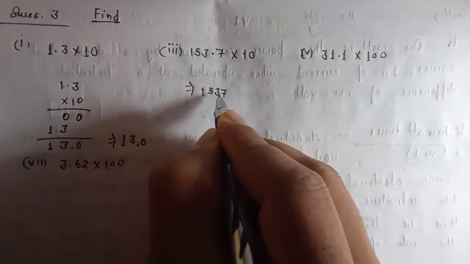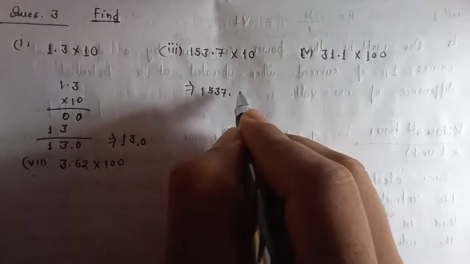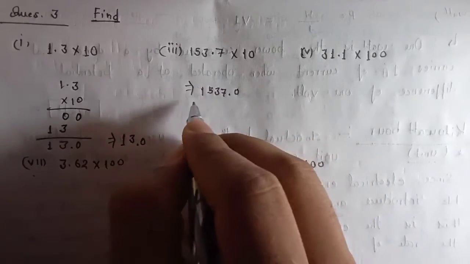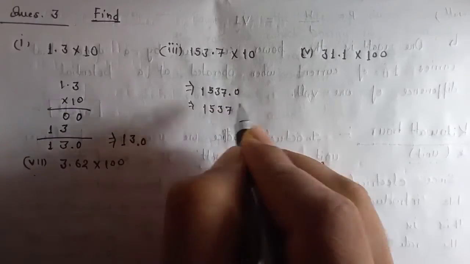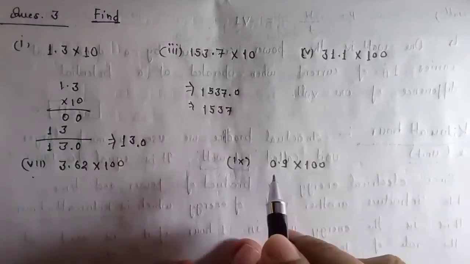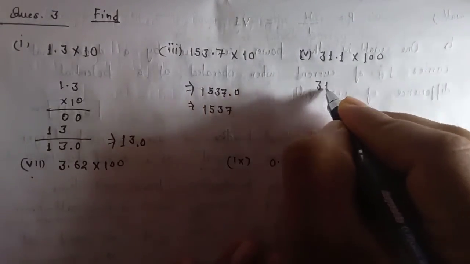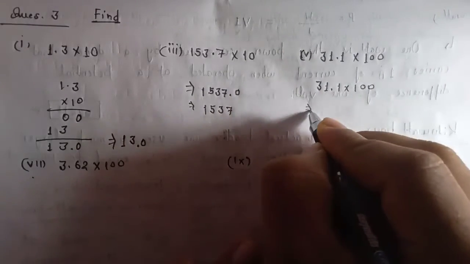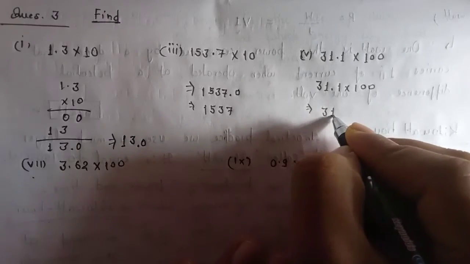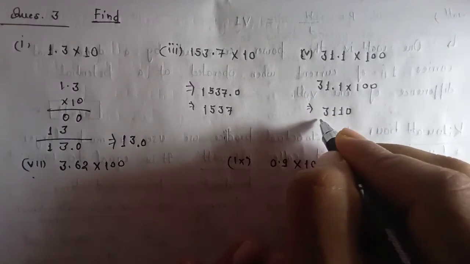So this becomes 1537.0, or you can write it 1537 directly. When this is multiplied by 100, check your answer. What is this? 31.1 is multiplied by 100, and this results in 3110.